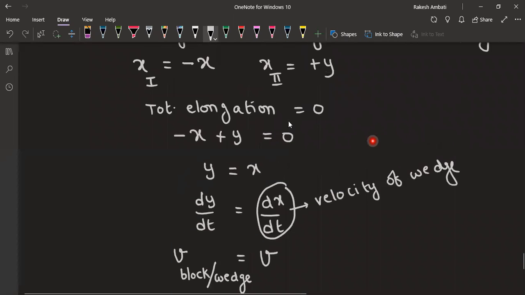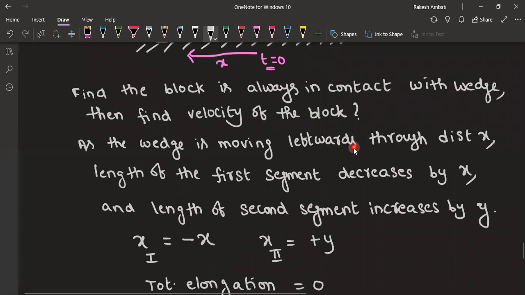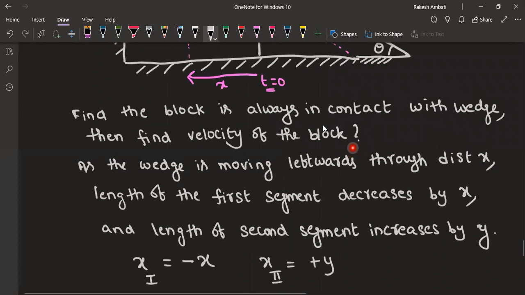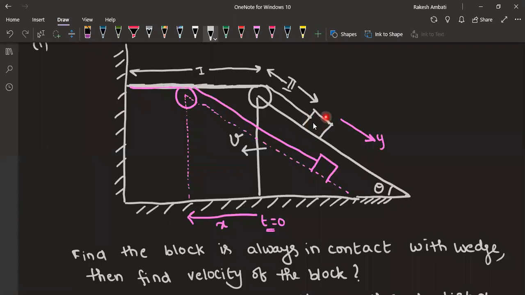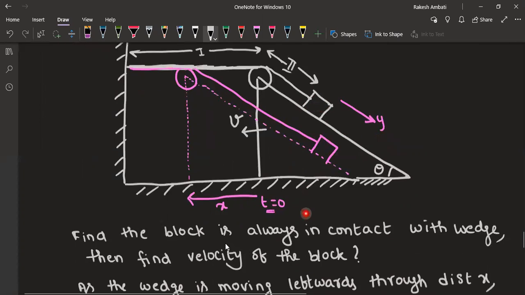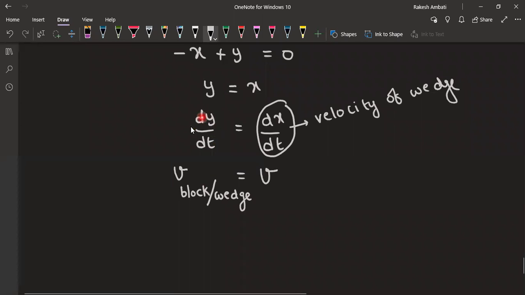Why? Because the block is moving along the wedge. So whatever velocity it has, that is with respect to the wedge. Therefore, this dy by dt is nothing but the velocity of the block with respect to the wedge.